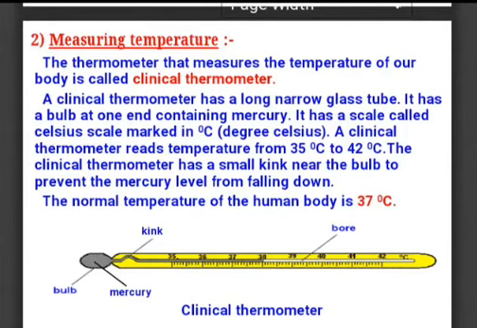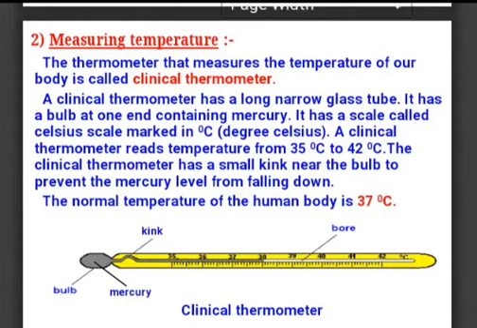A clinical thermometer has a long narrow glass tube. It has a bulb at one end containing mercury. As you can see in this picture, it is a long narrow glass tube and there is a bulb which contains mercury. It has a scale called Celsius scale marked in degree Celsius.